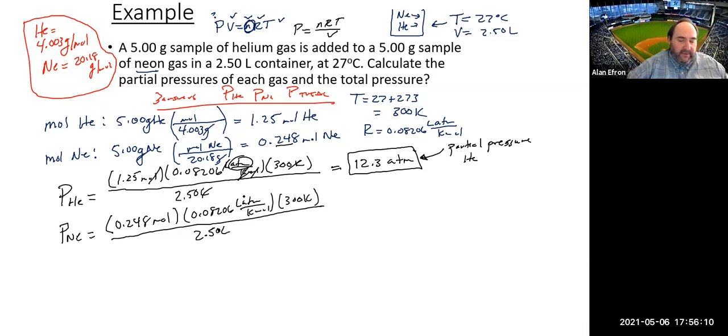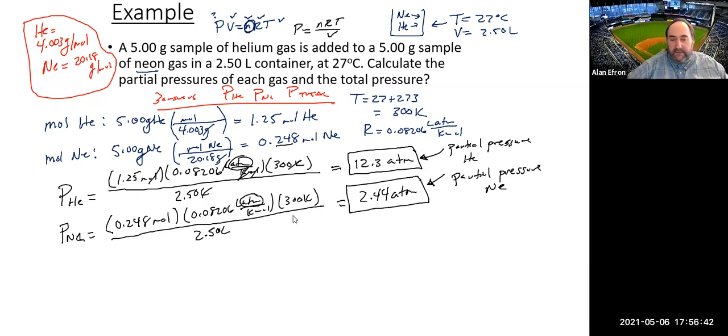The same cancellation happens, leaving us with atmospheres. It looks like we get 2.44 atmospheres for neon, and this is the partial pressure of neon in this case. Any questions so far on those two calculations?